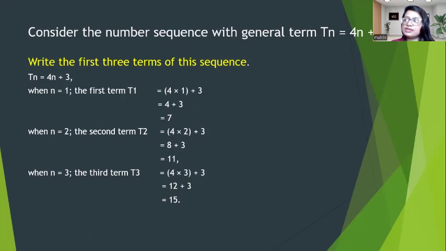I hope you can understand what I'm telling you. For the third term, we find Tn by substituting 3. Therefore, 4 multiplied by 3, then add 3, gives the answer 15.